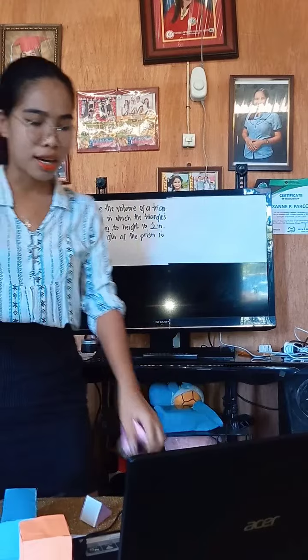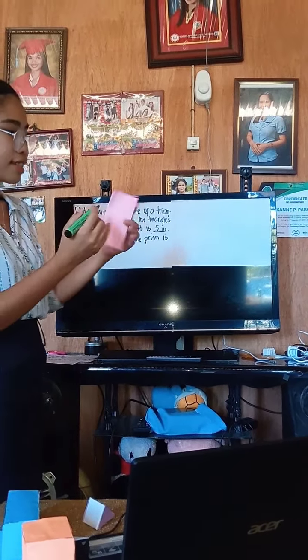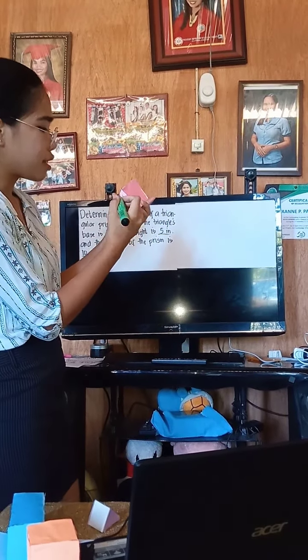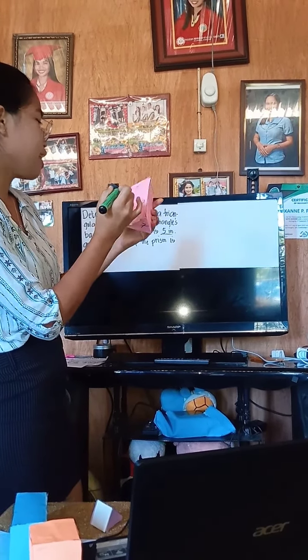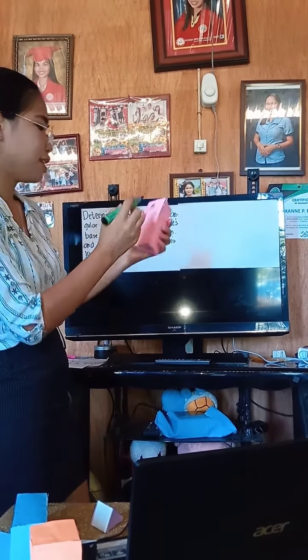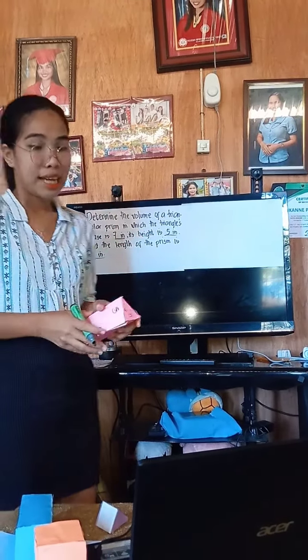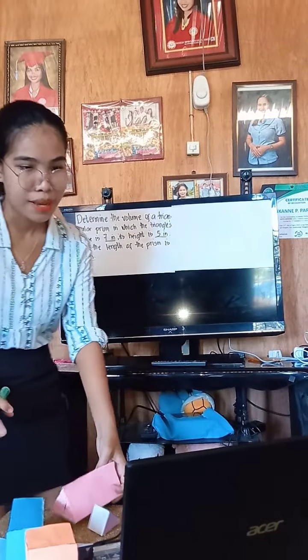So the base is 7 inches, the height is 5, and the length of the prism is 10. The first step is to solve the base area.